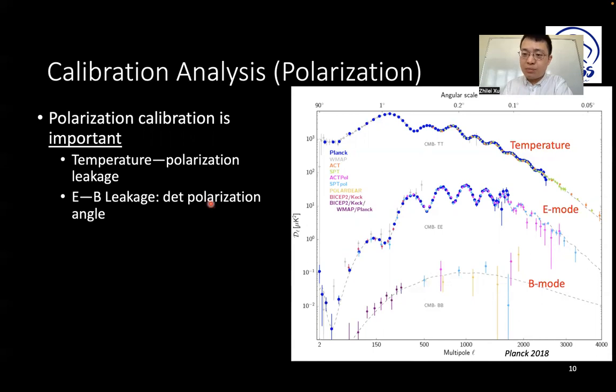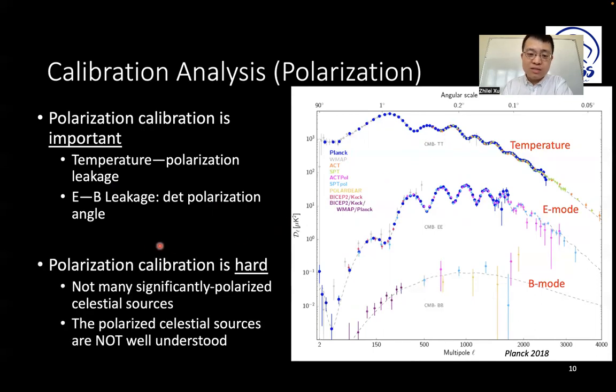So this is the importance, because to achieve this goal, we need to distinguish them with high confidence. Polarization calibration is also very hard. First of all, there are not many significantly polarized celestial sources on the sky. Secondly, the polarized celestial sources are not very well understood to the precision that CMB experiments want.